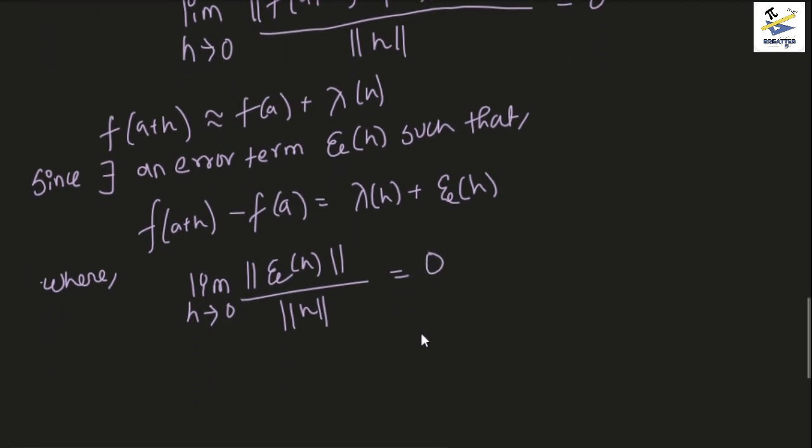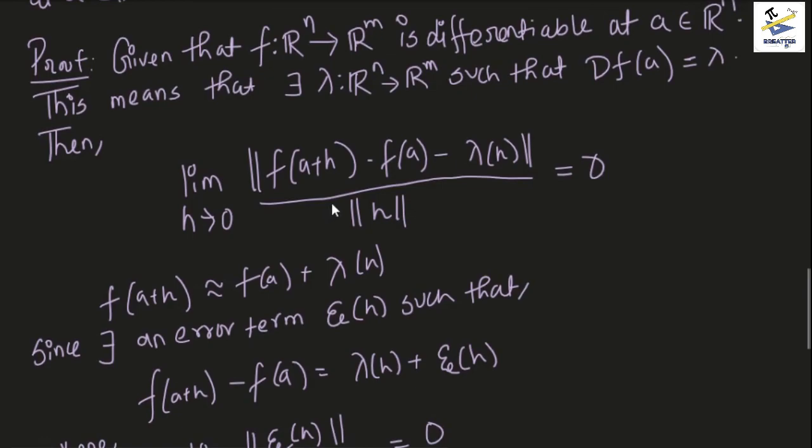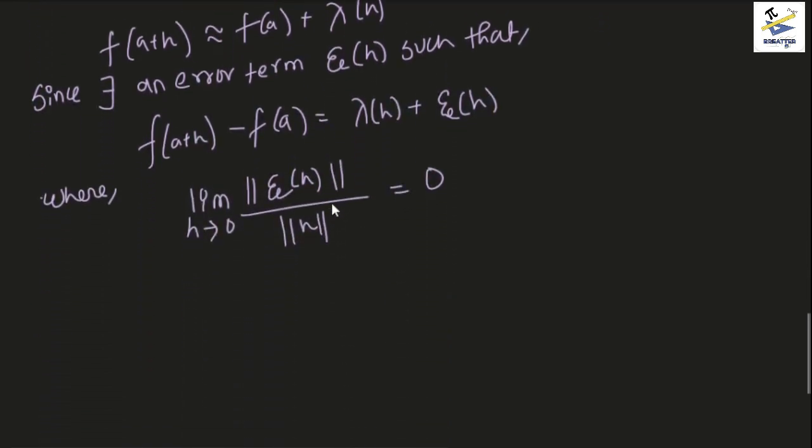This is reasonable, and this also forces the above limit. So this error term must go to 0, right?